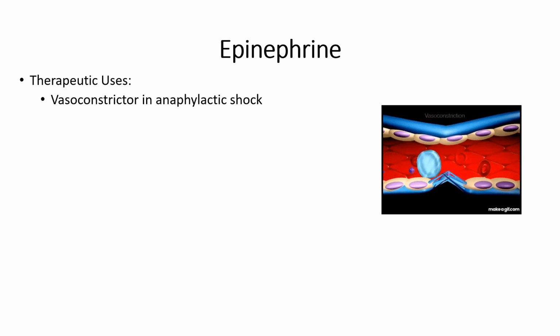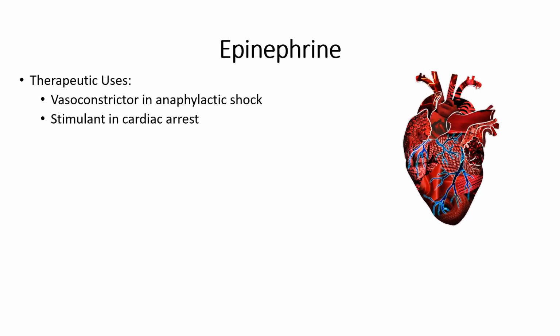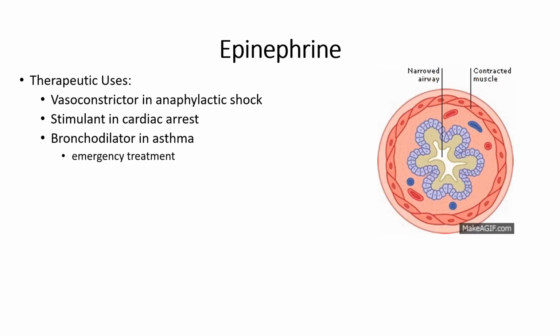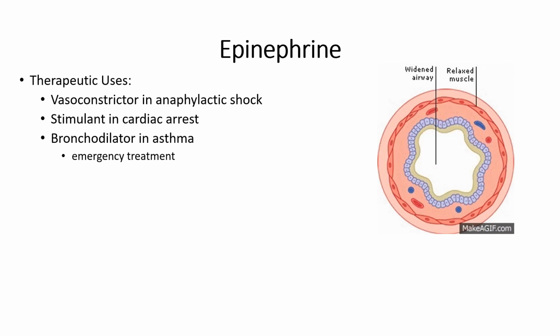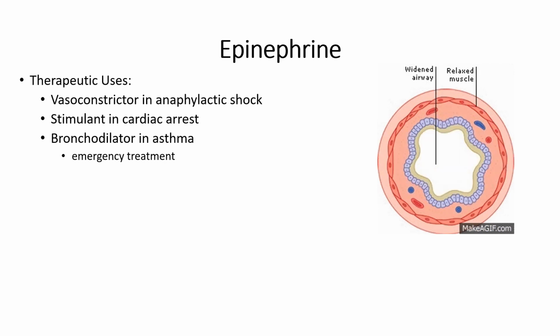Next, activation of cardiac beta 1 receptors leads to an increase in cardiac output, which is why epinephrine is also used to restore cardiac function in patients experiencing cardiac arrest. The activation of beta 2 receptors in the lungs leads to bronchodilation, which is why epinephrine is sometimes used for emergency treatment of respiratory conditions such as asthma.